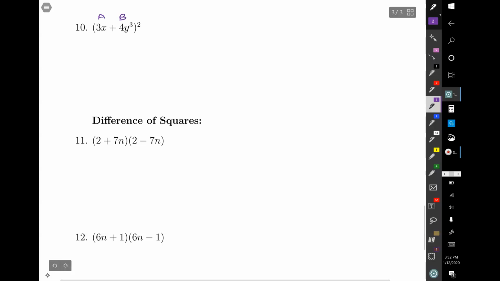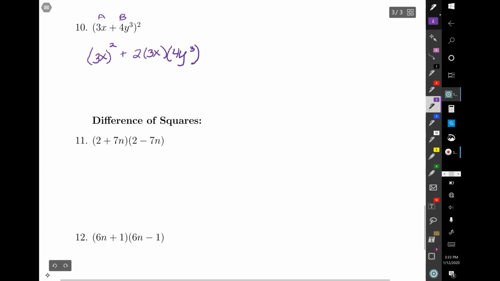My first thing I'm going to write following the pattern is 3x in parentheses squared. Then I have plus 2 times AB. So my A is 3x, so I want to write that in parentheses. And then the next part of my formula is to multiply by whatever the second term is. We're calling that B, and ours is 4y cubed.